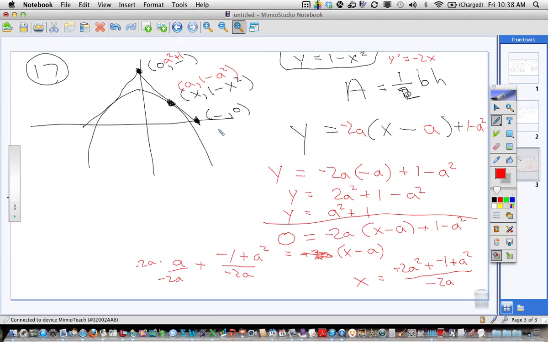So what is that? Negative a squared minus 1 on top, negative 2a on the bottom. Can we take out a negative? Would that make that nicer and cancel? So in the end, we're going to end up with a squared plus 1 over 2a.